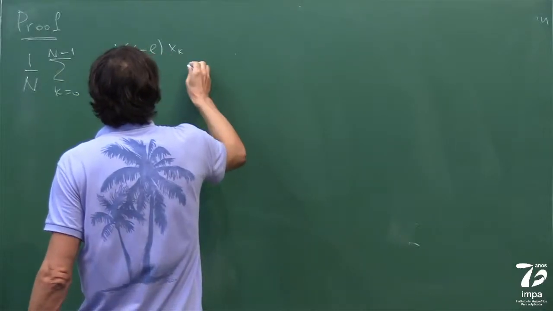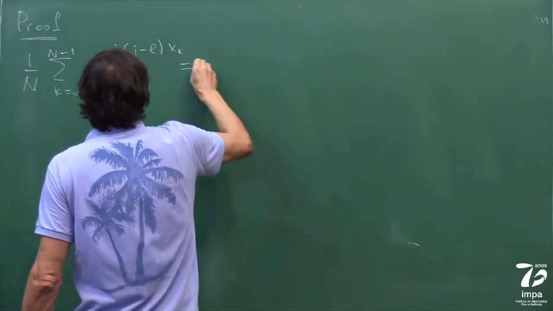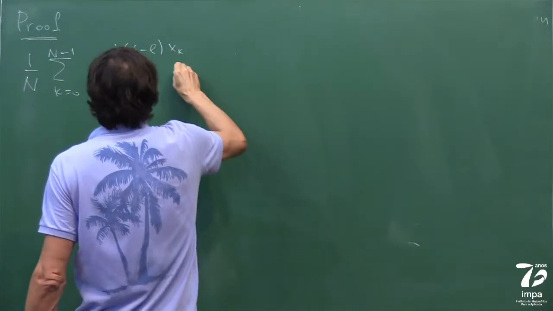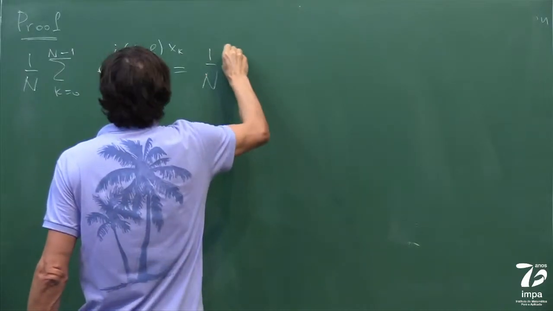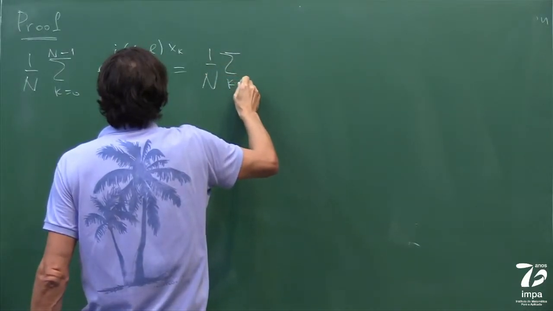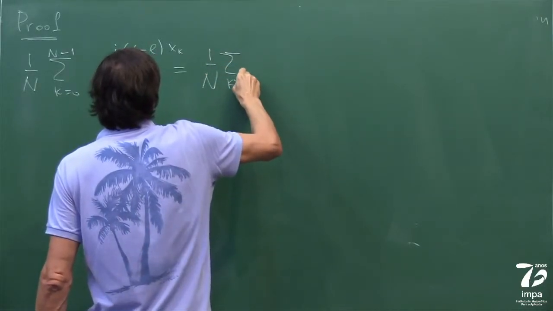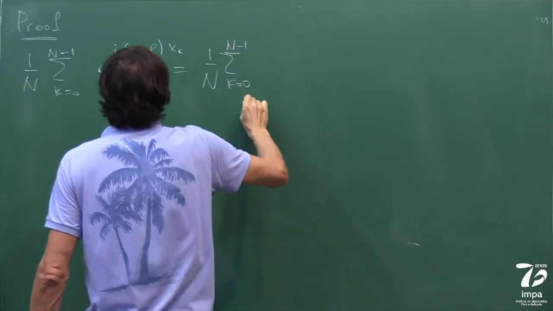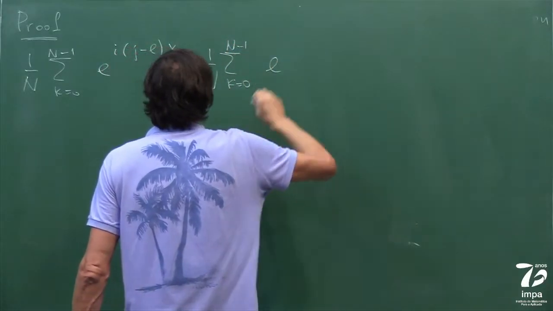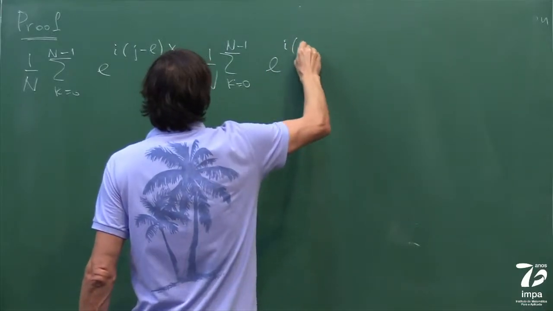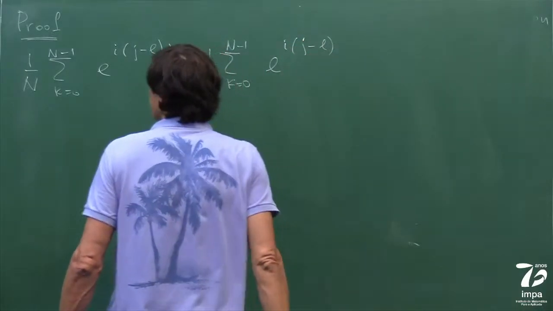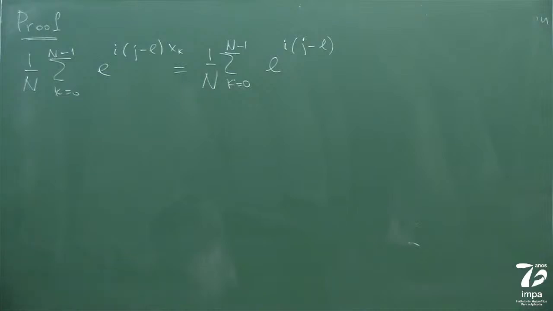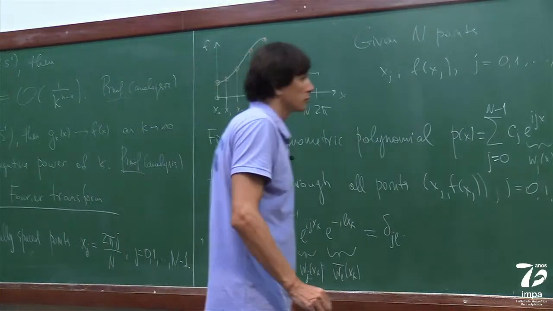Remember what x_k is? x_k is 2 pi k over n.